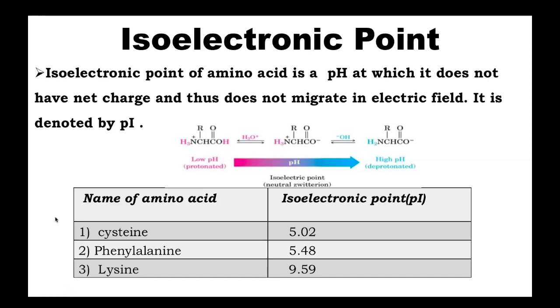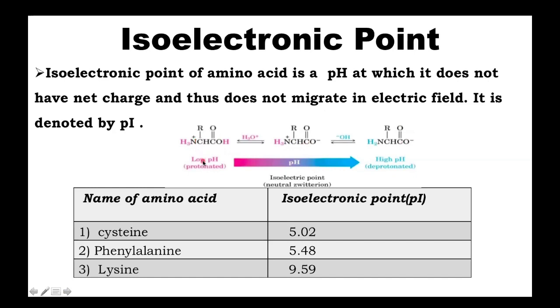So basically, an amino acid will be either positively charged, or neutral, plus minus being zero, or negatively charged. If it is negative, then it will be at high pH, and if it is positive, then its pH should be lower. When this molecule gets protonated, it will be in acidic medium and hence have a lower pH value.